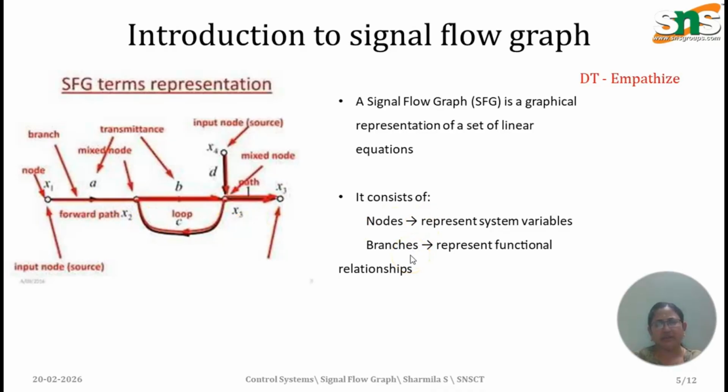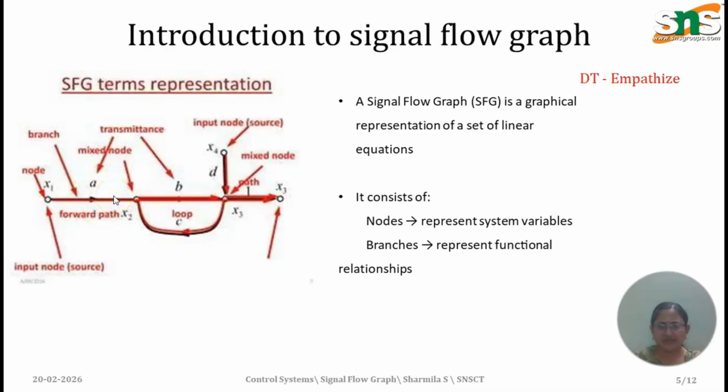The third important element is the path. A path is a continuous sequence of branches from one node to another without passing through any node more than once. The gain of a path is the product of all branch gains along that path. Next is a forward path. A forward path is a path from the input node to the output node without revisiting any node.